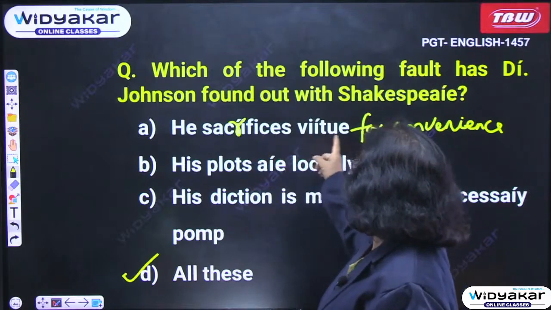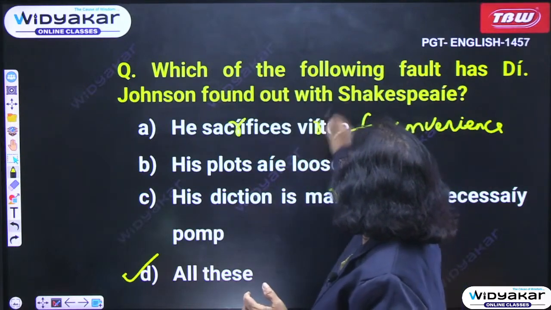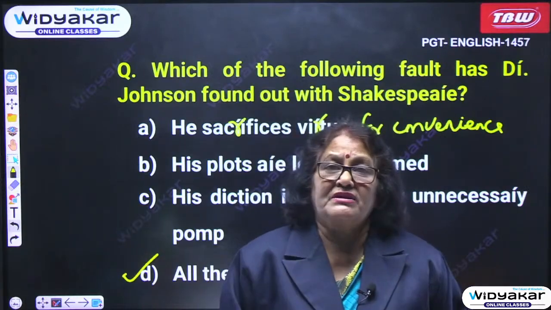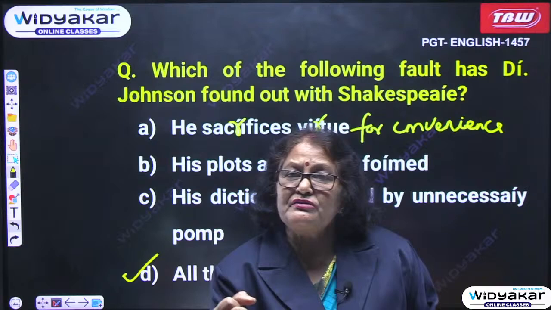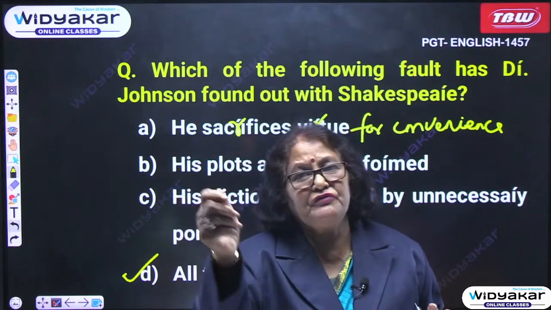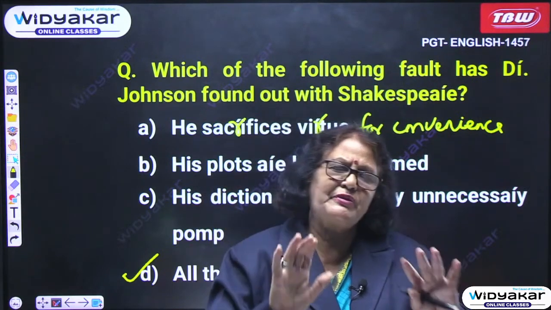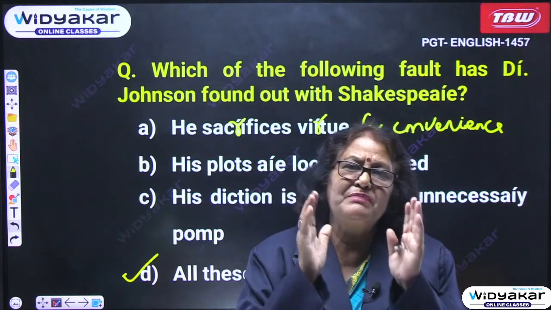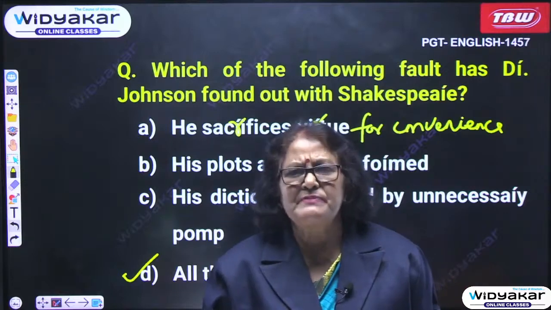So he said that Shakespeare sacrifices virtue for convenience. For him virtue is important, but pleasure is important too. Where needed, if virtue has to be compromised for pleasure, Shakespeare will do that. His primary aim was to provide pleasure to the audience. Naturally, he was a businessman.